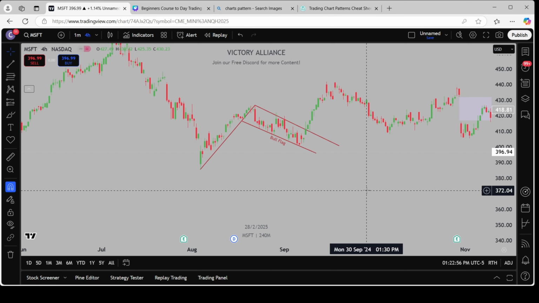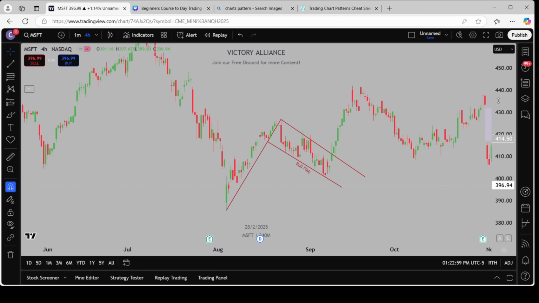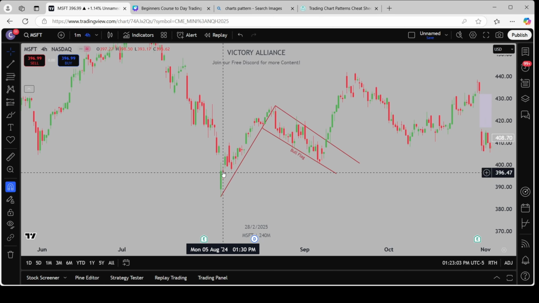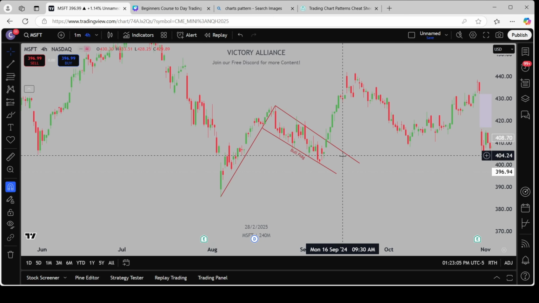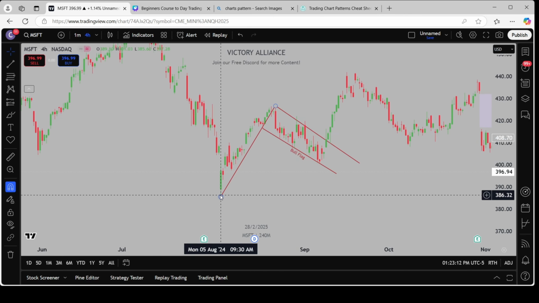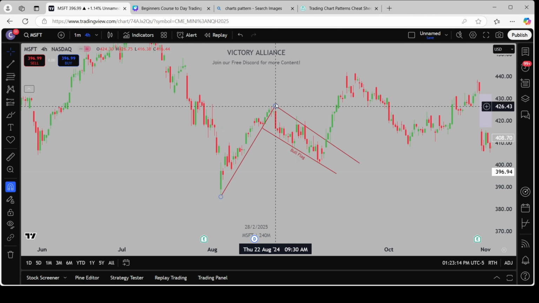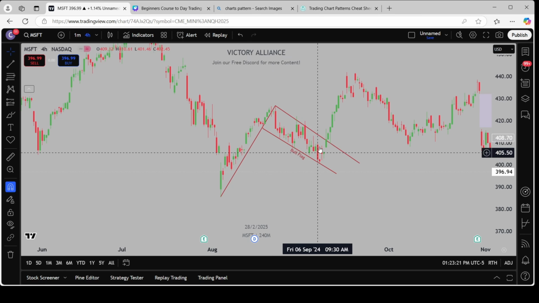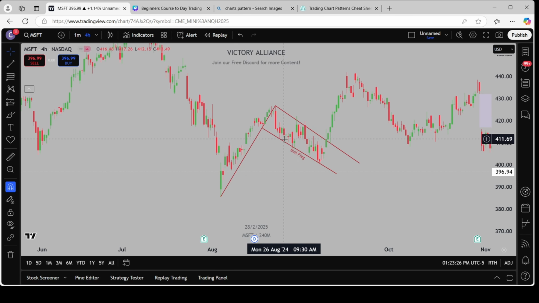All right, so first example, a bull flag pattern. As you can see, it's shaped like a flag, and then we got the breakout. So we're looking for momentum upward, and then we're looking for consolidation inside these two support and resistance lines slash trend lines.